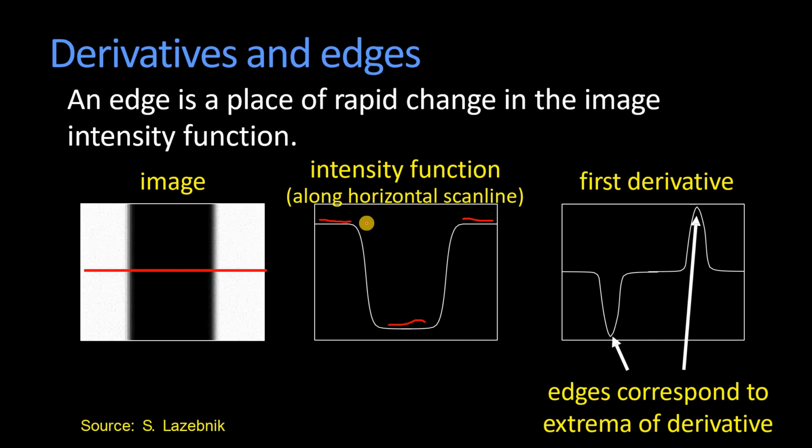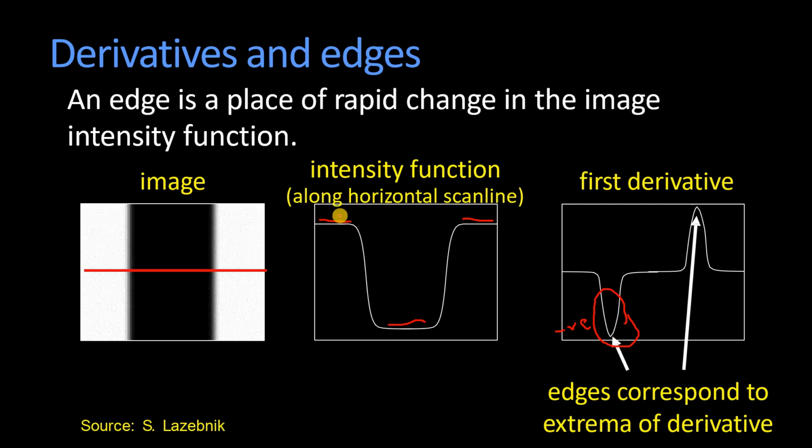To represent this, one thing we can do is called the first order derivative. When we take the derivative of this signal, it will give us over here a negative derivative. Why negative? Because it is a transition from high to low value.